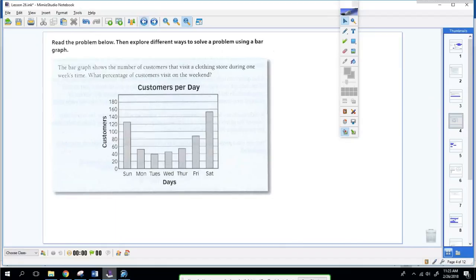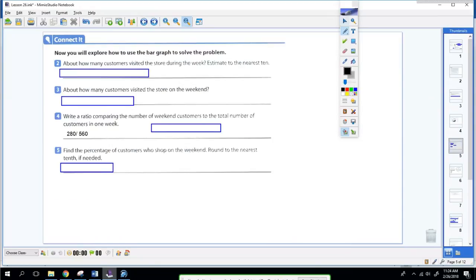During the week would be Monday, Tuesday, Wednesday, Thursday, and Friday. So Monday has 50, Tuesday is 40, Wednesday is 50 again, Thursday is 55 actually, and then Friday would be about 90. So I added up here, and when you add them all up, you should get about 360 customers.